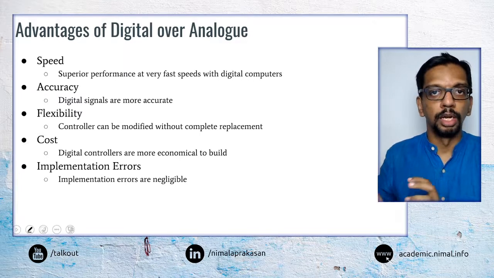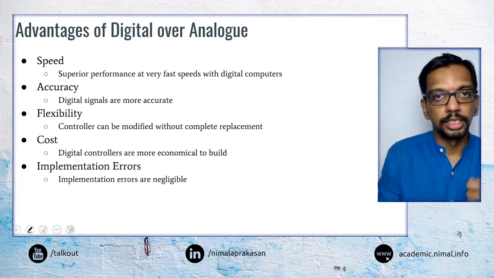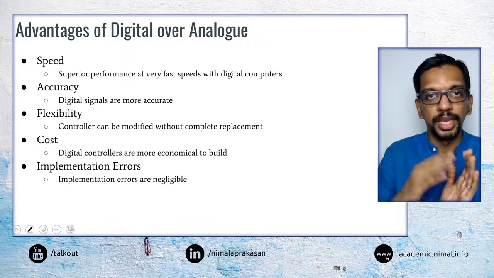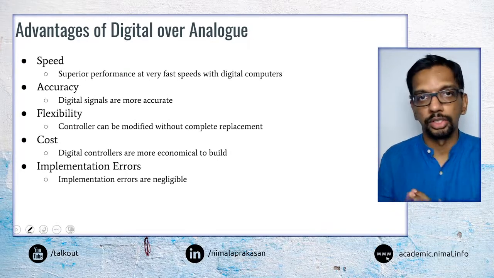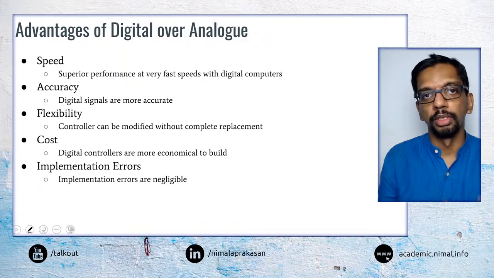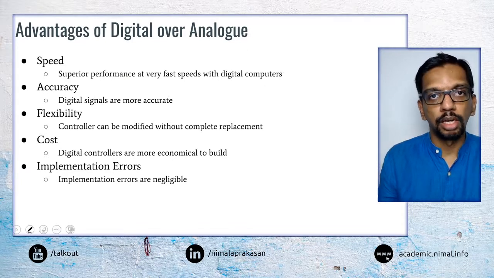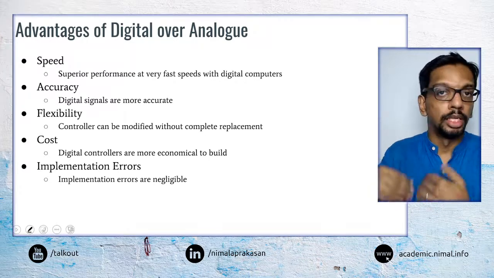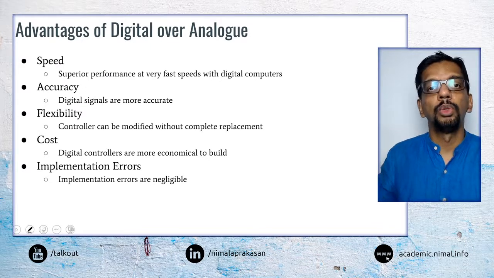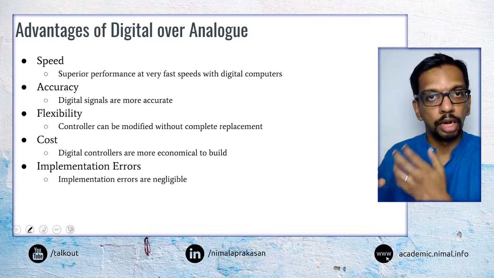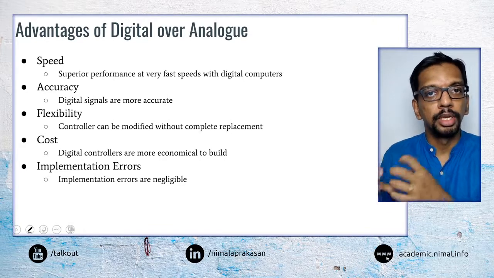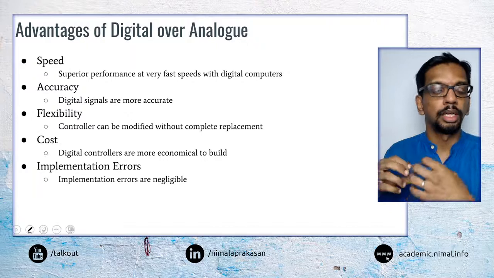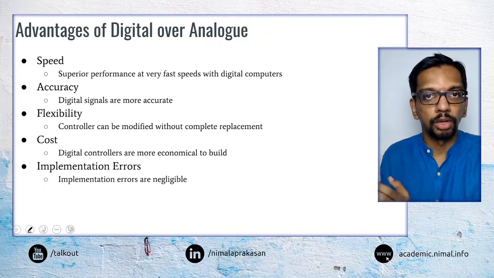So we may have to build certain gearing systems and all these things to measure the movement, rotations, and so on. It is possible, but the disadvantage is if we want to make some changes, some adjustments to the system, we have to do a lot of adjustments in the actual hardware itself, and it may be very difficult. It may sometimes take a lot of time.